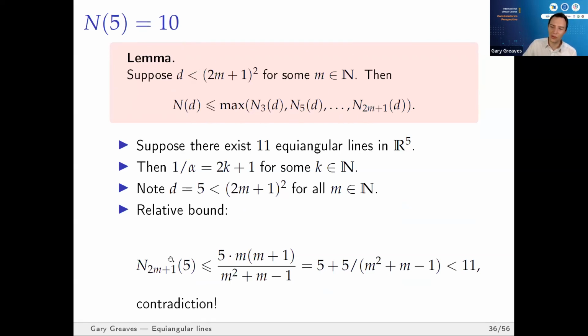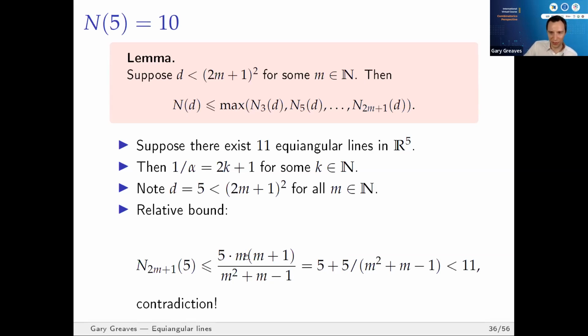And in general, for n of 2m plus 1, the relative bound gives us that it's at most this number here. So this is just plugging in the relative bound where my 1 over alpha is 2m plus 1. I get this expression. But I can simplify it. If I manipulate this a bit, I have an m squared plus m in the numerator.